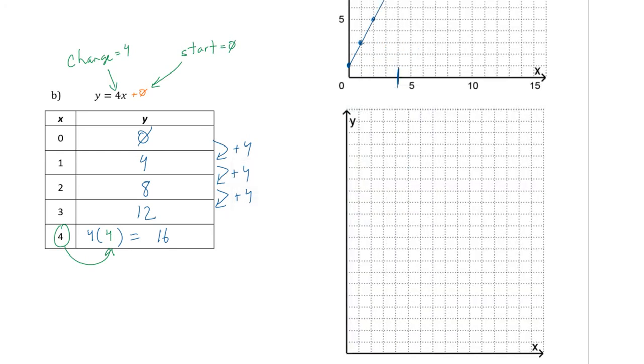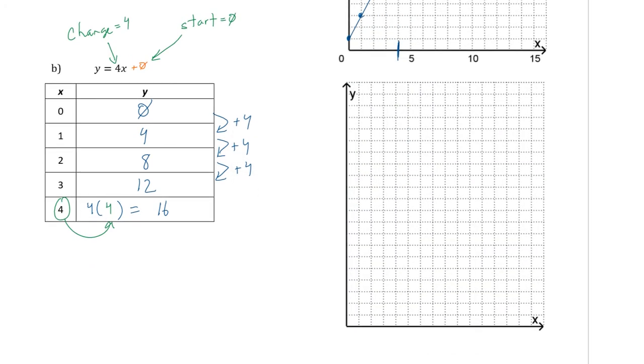Okay. And this one doesn't have a label for some reason, so this is a good reminder that we always want to label. 1, 2, 3, 4, 5. That's 10. I like to label every 5 just because it's way faster.